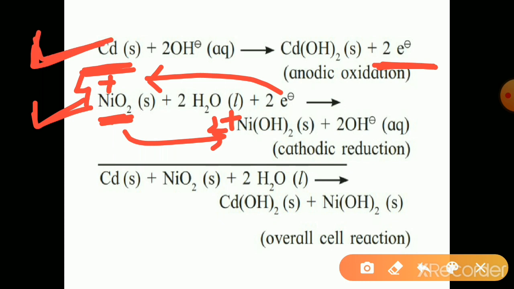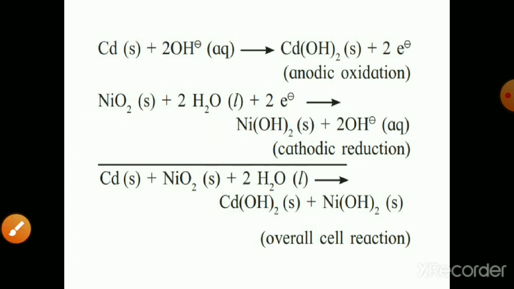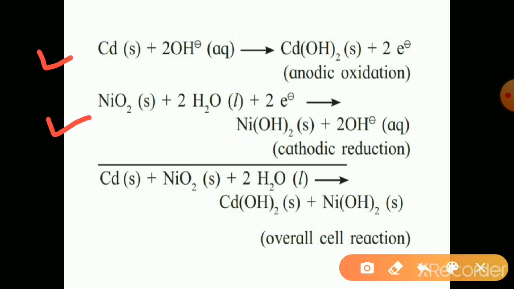Anode is metallic cadmium. Cathode is nickel oxide supported on nickel. So here oxidation of cadmium takes place and reduction of nickel takes place. Nickel 4+ has converted to 2+ in the nickel hydroxide. When these two reactions are added, we get the overall cell reaction.